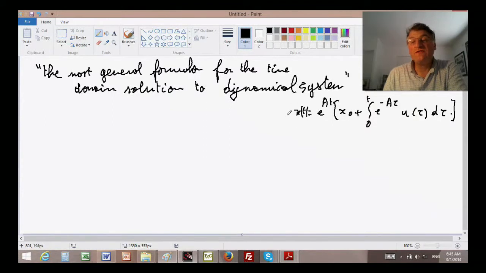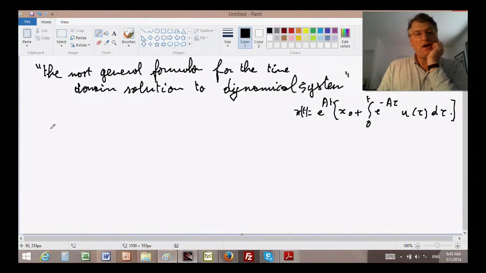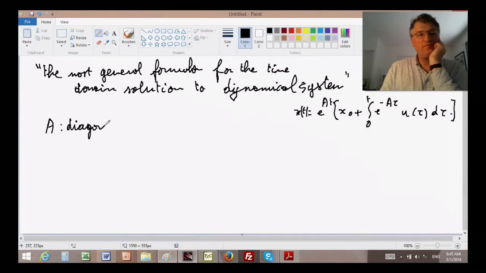And then y is just equal to C times x of t plus D times u. So what we want to understand is what's in this A. Now here's a theorem. Let's begin first with A diagonalizable. That's a particularly easy case.